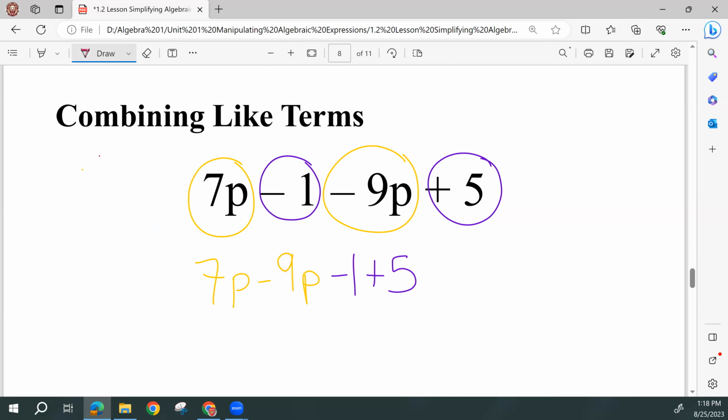And so we can do 7p - 9p just by doing 7 - 9, which gives us -2, and then we'll keep the variable. We can combine -1 and +5 and get +4, and so we'll put a plus sign, and that's as simple as that gets.